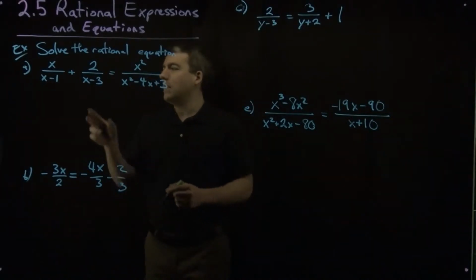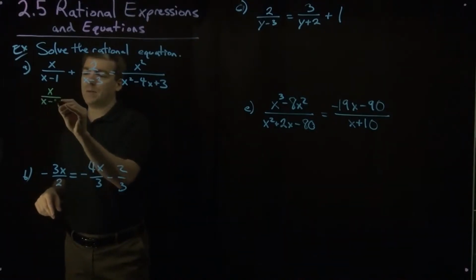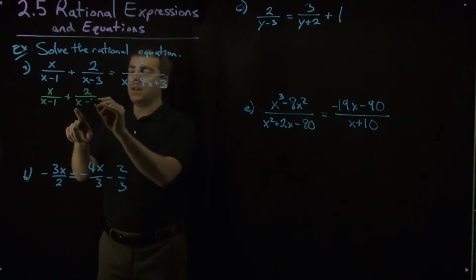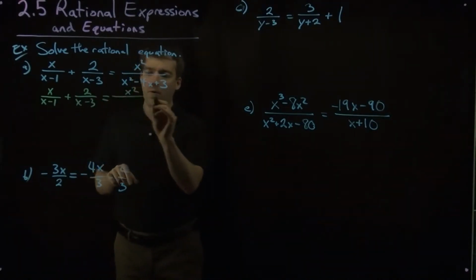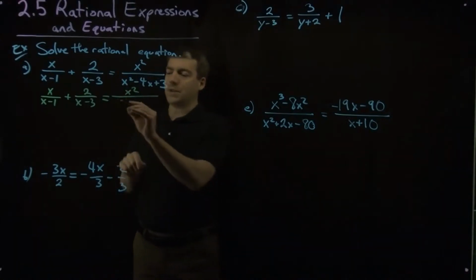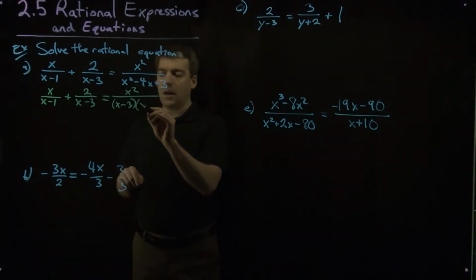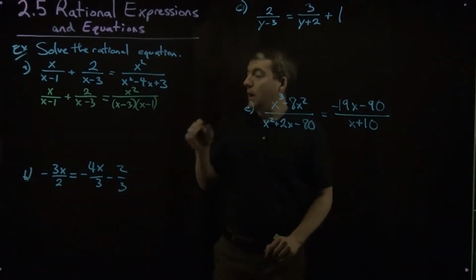So let's find out. We have x over x minus 1 plus 2 over x minus 3 equals x squared over, and then we'll factor this. So we have x minus 3, x minus 1. All right.